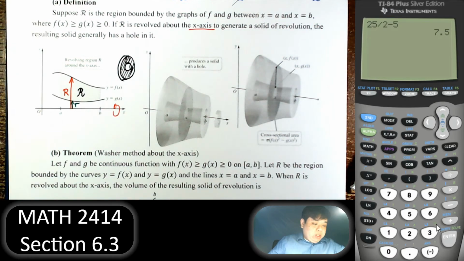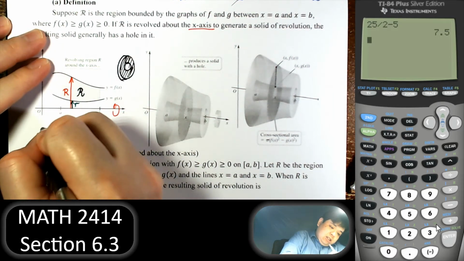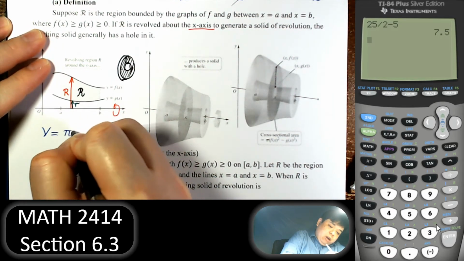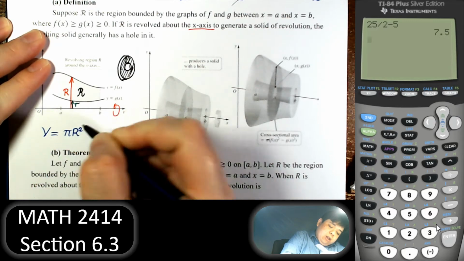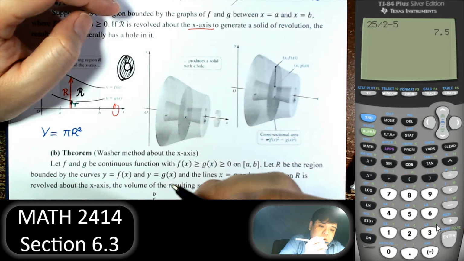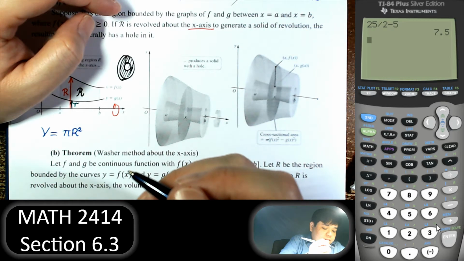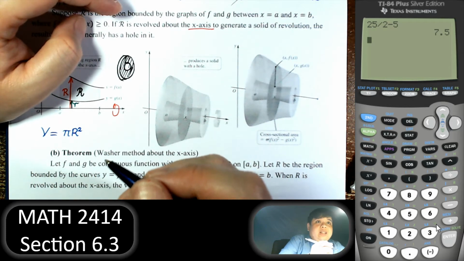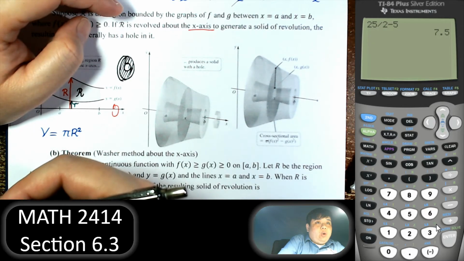And the volume, in which case, will be pi r squared times the height or the width. The width, let's say, call that h.